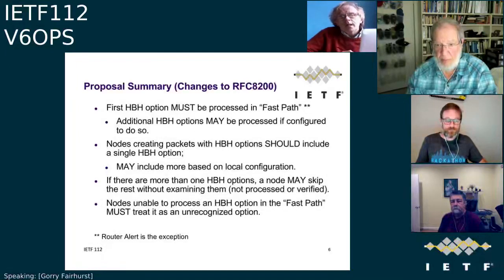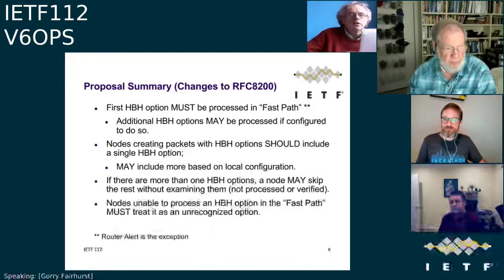You can skip the rest of the options without examining them. Not processed, not even verified. This eliminates some of the complexity. It's maybe not quite as future-proof as we would like it, but it's probably more realistic as a path to go along, which is why we've put it down in this particular draft.